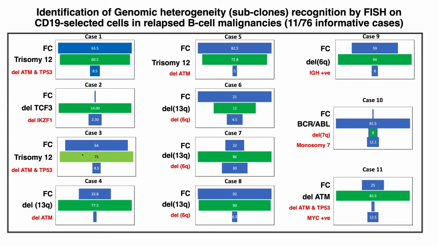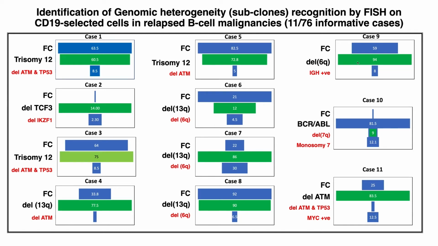In case number 3, ATM P53 deletion 8.5%, and in case number 4, ATM deletion in lower frequency compared to deletion 13q in the stem line. Similarly, in case number 5, ATM deletion as a secondary abnormality and a subclone, and in case number 6, 7 and 8, 6q deletion is a subclone.